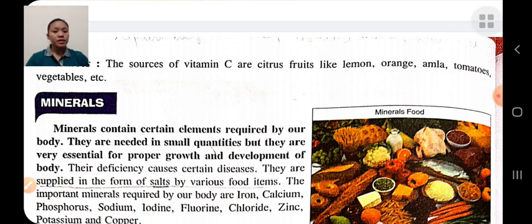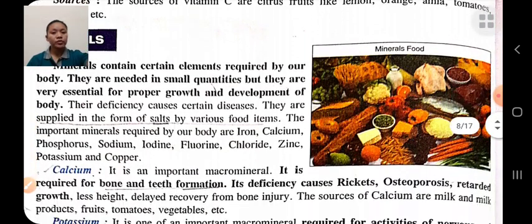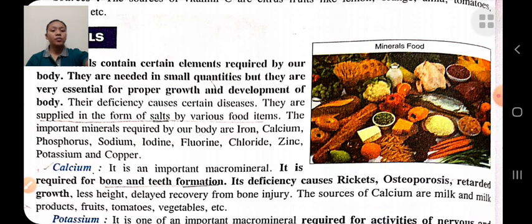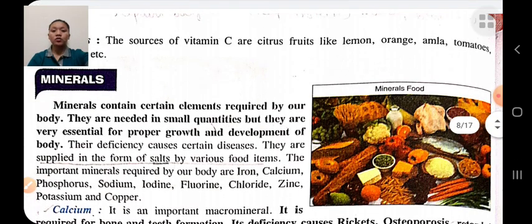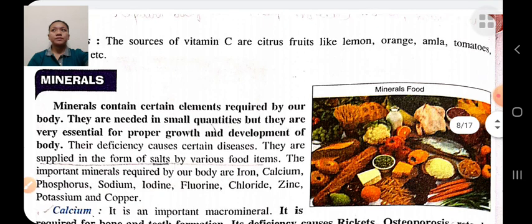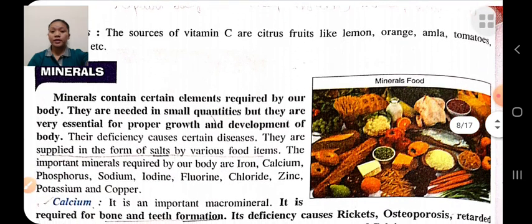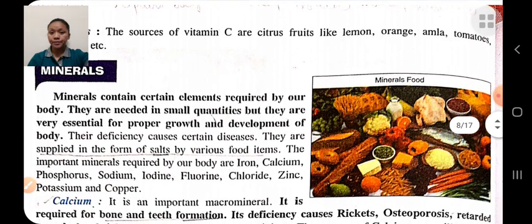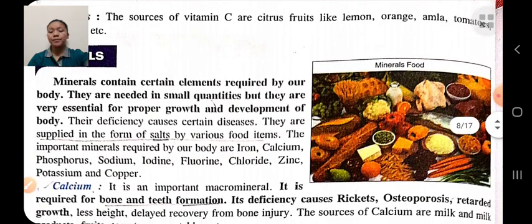The important minerals required by our body are iron, calcium, phosphorus, sodium, iodine, fluoride, chloride, zinc, potassium, and copper. These are the minerals which are required by our body. Minerals are also divided into two types: macro minerals and micro minerals.